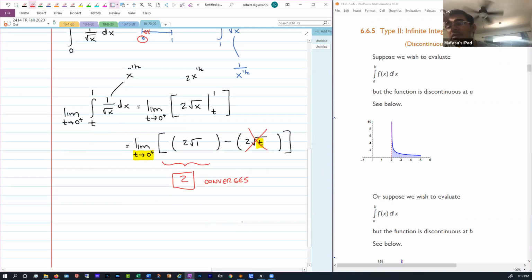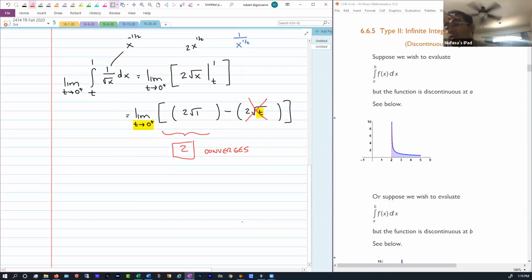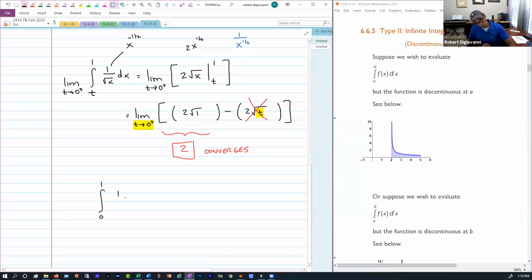So is it like the opposite if it diverges? It is almost the opposite. Watch, this is what we wind up getting. The integral from 0 to 1 of 1 over x to the p dx will be equal to convergence if p is less than 1, and divergence if p is greater than or equal to 1.